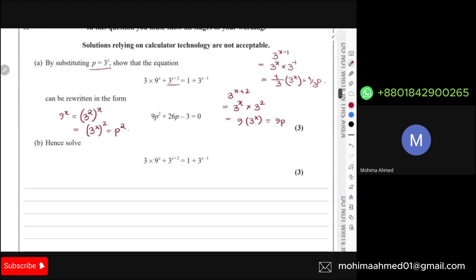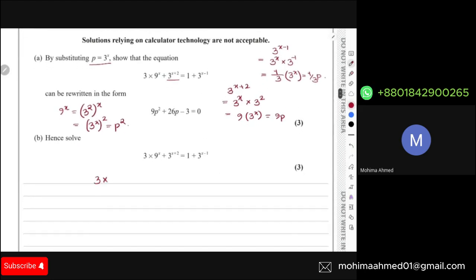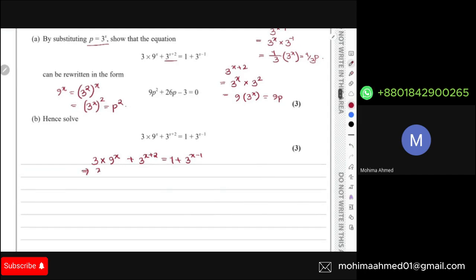For the final case, if we start with 3 times 9 power x plus 3 power x plus 2 plus 1 plus 3 power x minus 1, I can already understand that it's going to be 3p square, 3 power x plus 2 was 9p, this is 1, and this was 1 over 3 p.